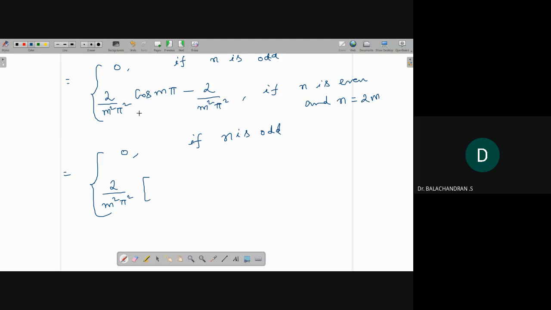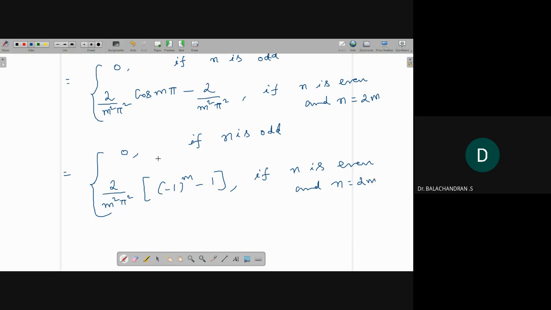This is cos m pi, minus 1 whole power m, not n, minus 1, if n is even and n equal to 2m.